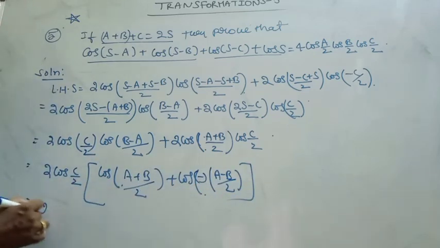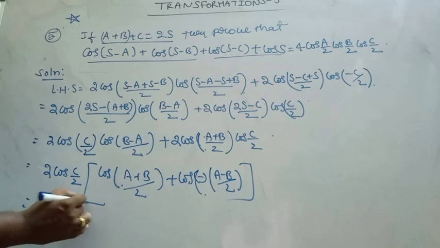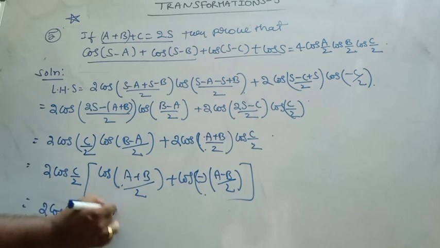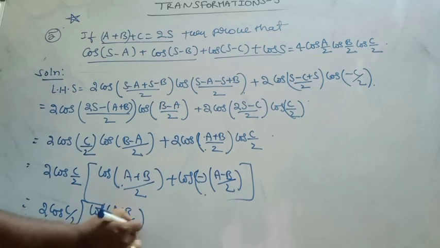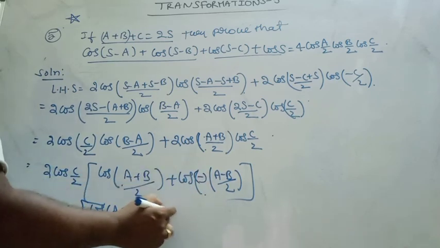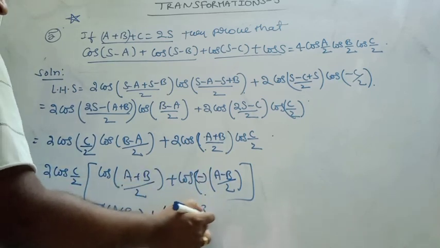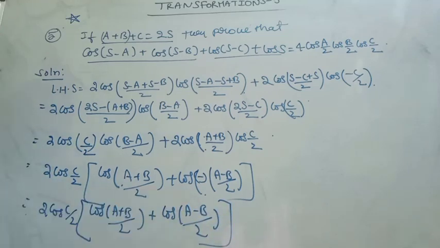Therefore this is nothing but now 2 cos c by 2 into [cos of (a plus b)/2 plus cos of minus theta becomes cos theta, that is cos of (a minus b)/2]. Such a beautiful way we have got, right, my dear students?